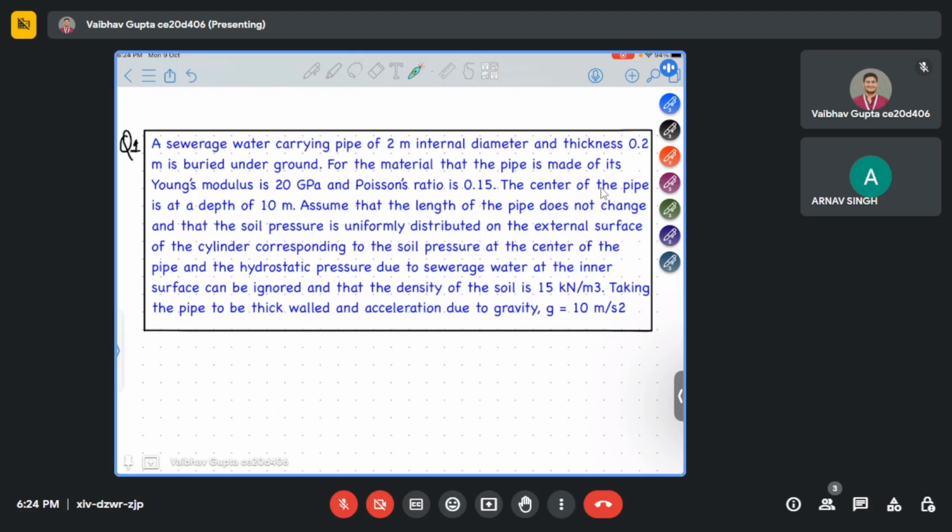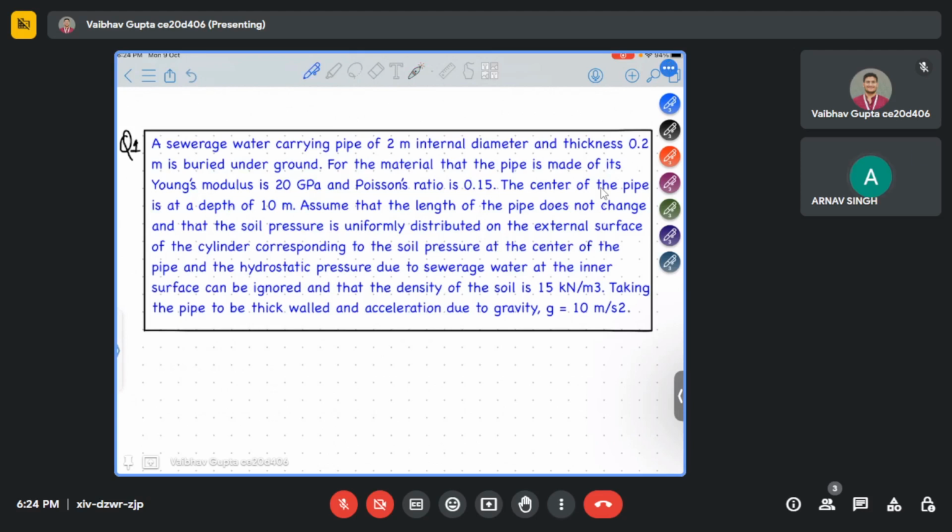Assume that the length of the pipe does not change and that the soil pressure is uniformly distributed on the external surface of the cylinder, corresponding to the soil pressure at the center of the pipe, and the hydrostatic pressure due to sewerage water at the inner surface can be ignored, and that the density of the soil is 15 kN per meter cube. Taking the pipe to be thick walled and acceleration due to gravity as 10 meter per second square, we have to calculate the hoop stresses.